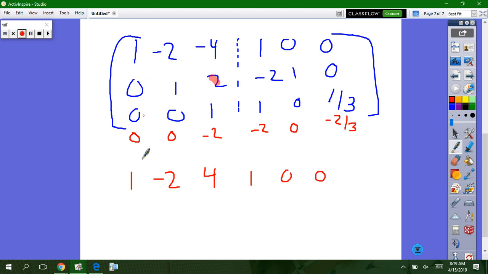Then I have 0 plus 0, which is 0. 1 plus 0 is 1. 2 minus 2 is 0, which we wanted, correct? Negative 2 plus 2 is negative 4. 1 plus 0 is 1. 0 minus 2/3 is negative 2/3. Yep, on top. Thank you. I had to think about what you were saying first.